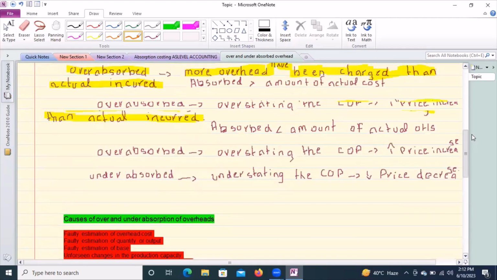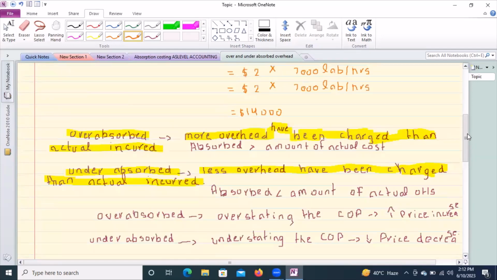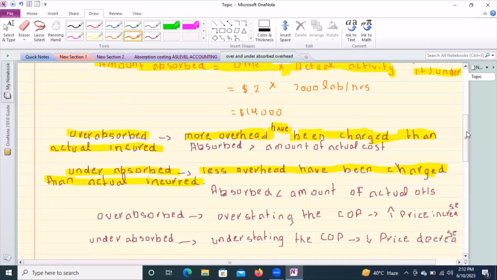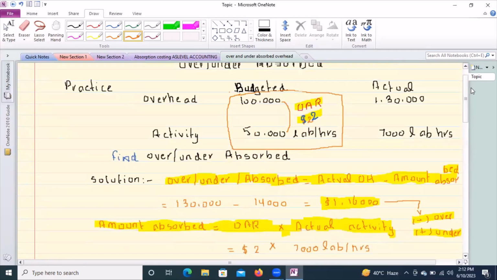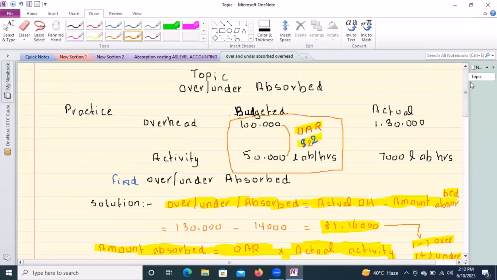Okay, so what happens basically, here this concept comes, over and under absorbed overheads. So you can see I just put a question here, and the question is about, of course, over and under absorbed overheads. Basically, you can see that there are budgeted overheads, which is 100,000, and there is the activity level.